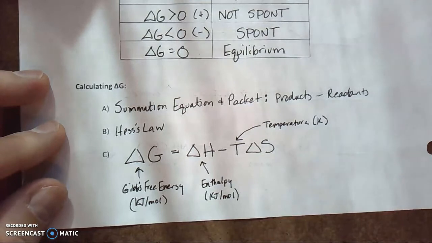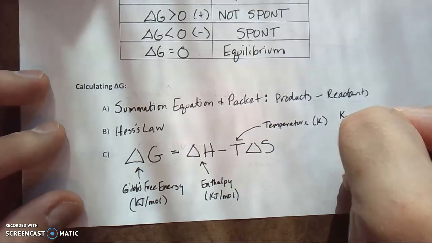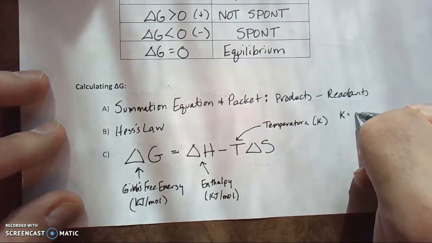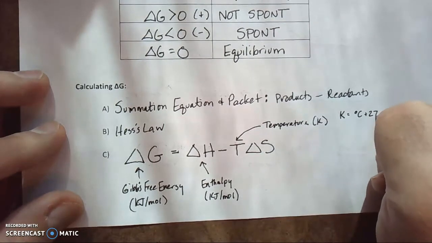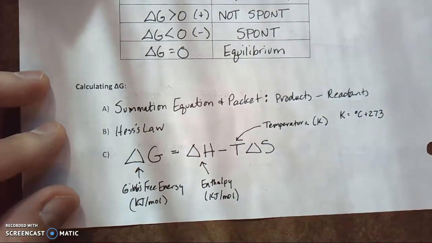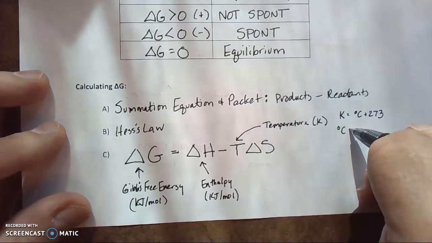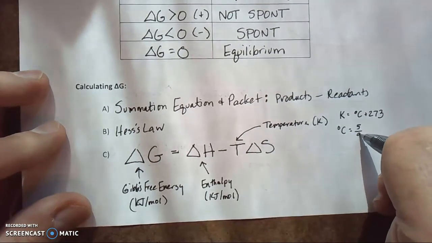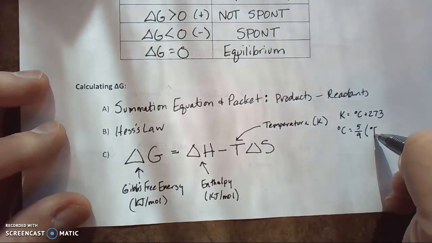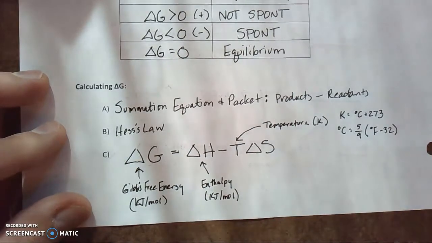If you're given degrees Celsius, Kelvin is degrees Celsius plus 273. And unfortunately, if you're given Fahrenheit, which I think you are in one problem, degrees Celsius is equal to 5/9 times the quantity, degrees Fahrenheit minus 32. So you might have to convert that.